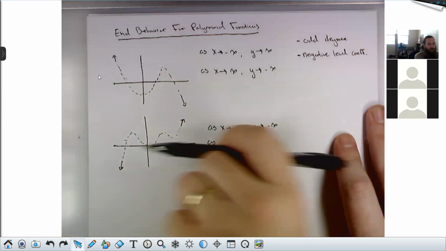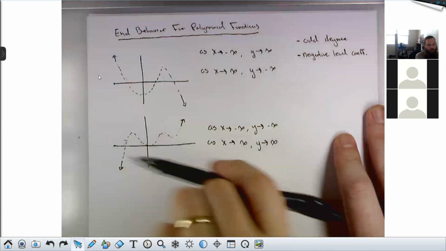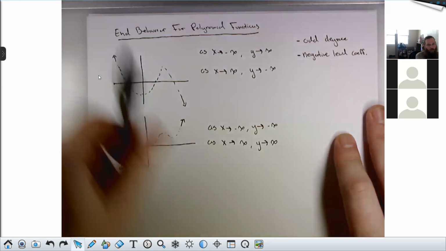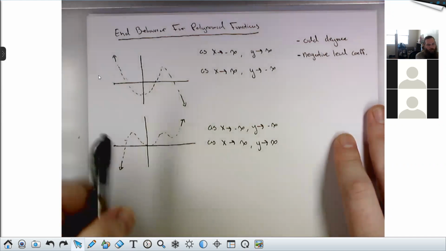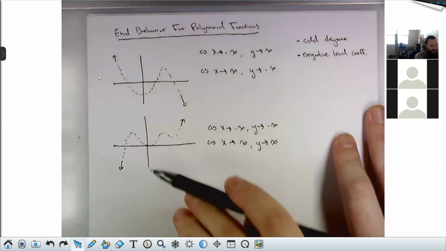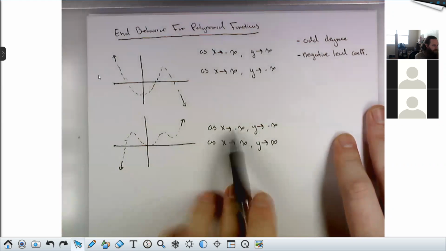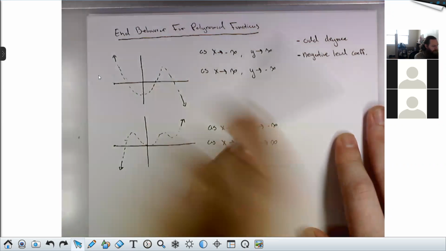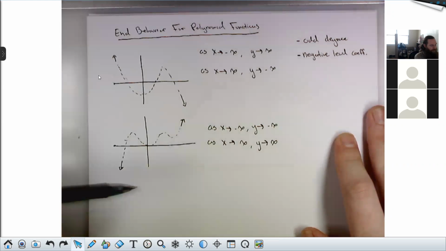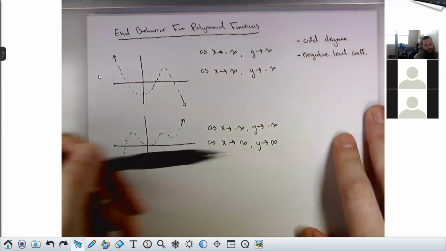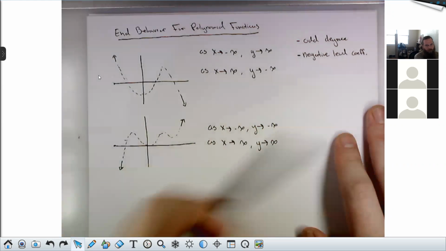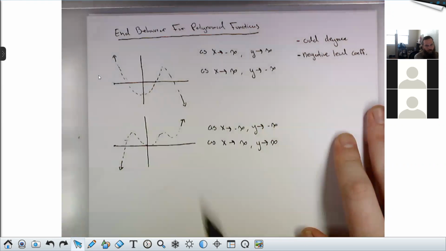Because as I wander far off to the left, as x goes to negative infinity, y is going down. Maybe it does all sorts of weird stuff, but eventually, as I go off to the left, y's go down. The opposite thing happens on the right. As x goes to positive infinity, as I wander really far in this direction, the y values eventually go up.